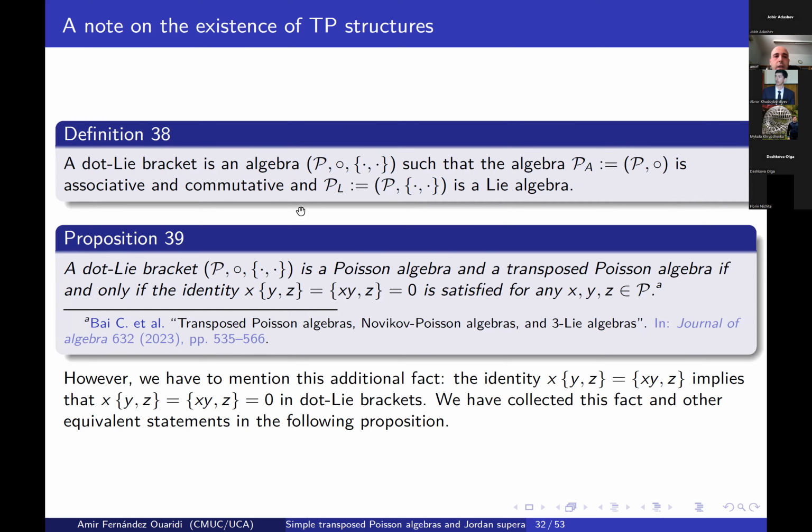For a dot-Lie bracket, Witt et al. proved that the algebra is a Poisson algebra and a transposed Poisson algebra if and only if this identity here is satisfied. However, we have to mention that this identity here, which you can see doesn't have the equal to 0, already implies that it will be equal to 0.